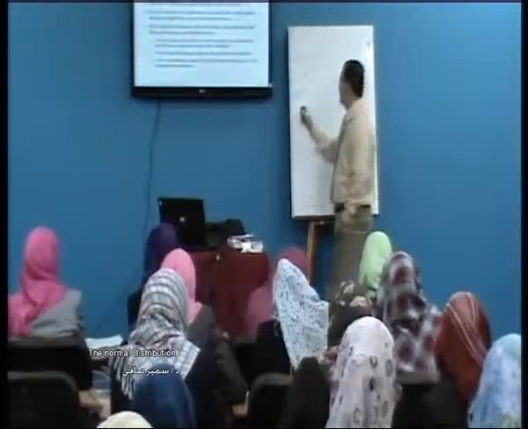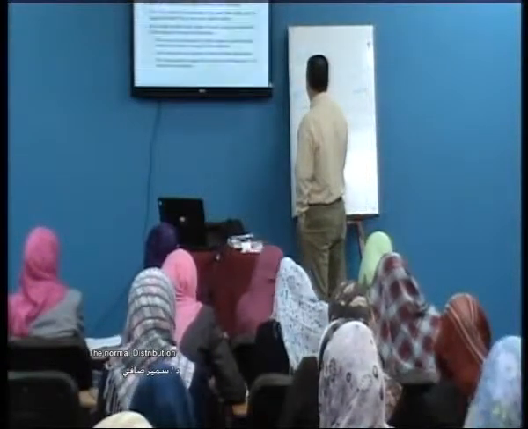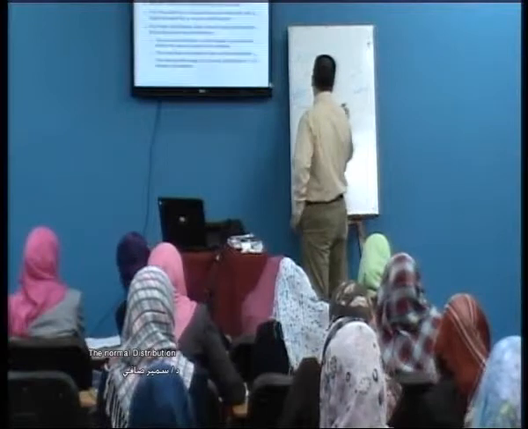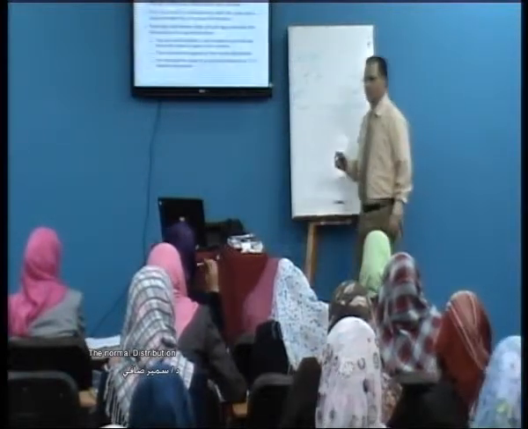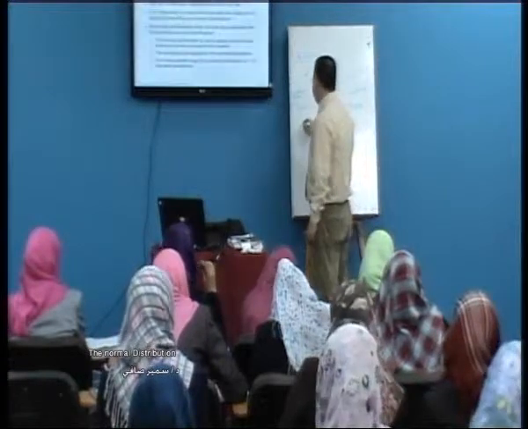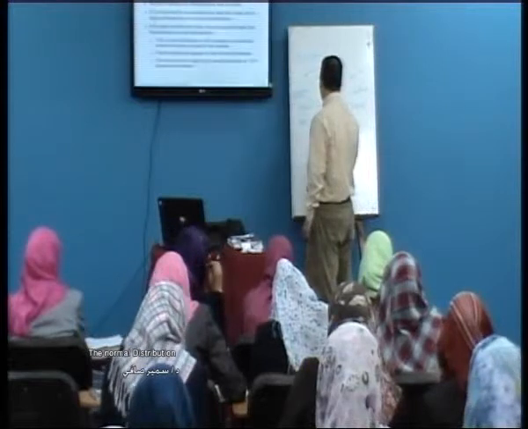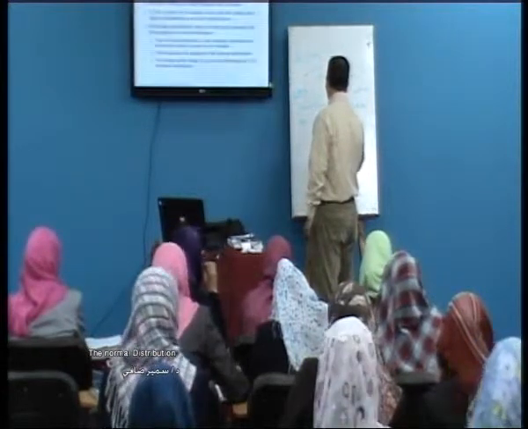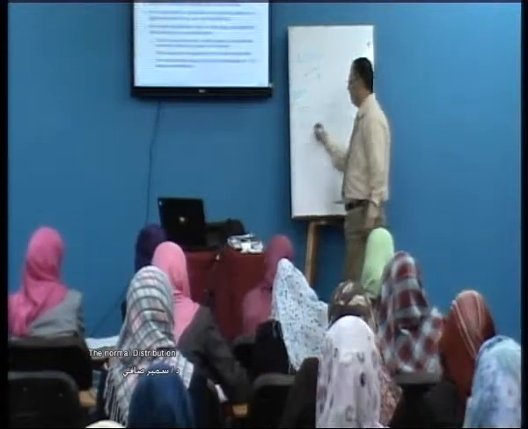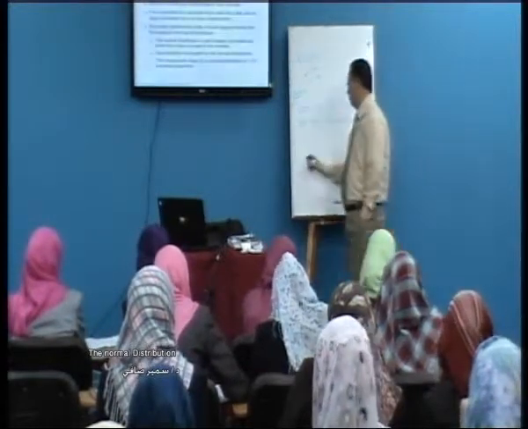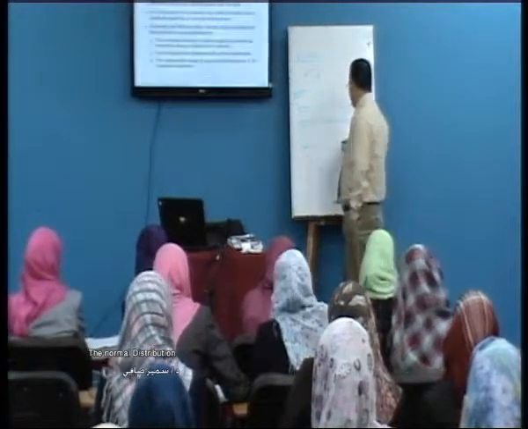Or if we compute the lower limit, which is Q1 minus 1.5 IQR, or the upper limit, Q3 plus 1.5 IQR. So we have a lower limit and an upper limit.